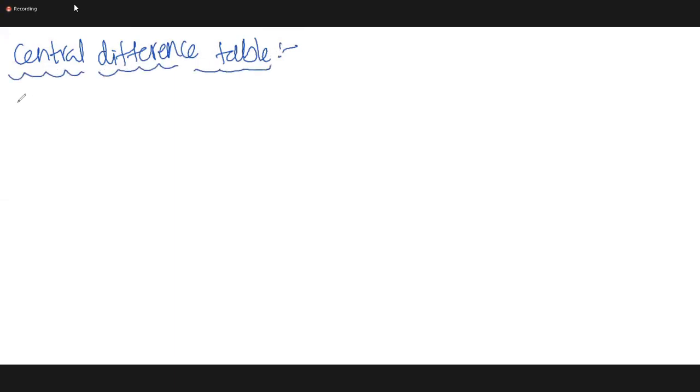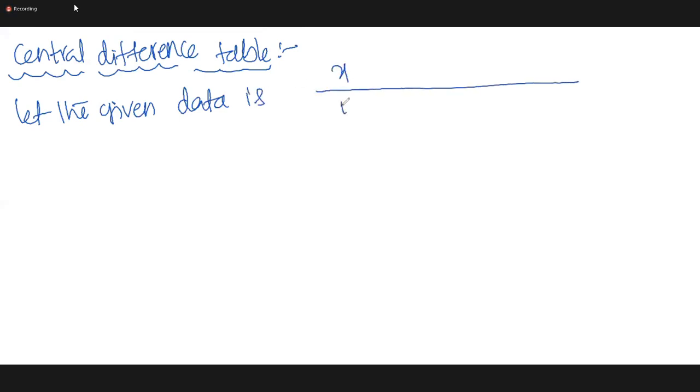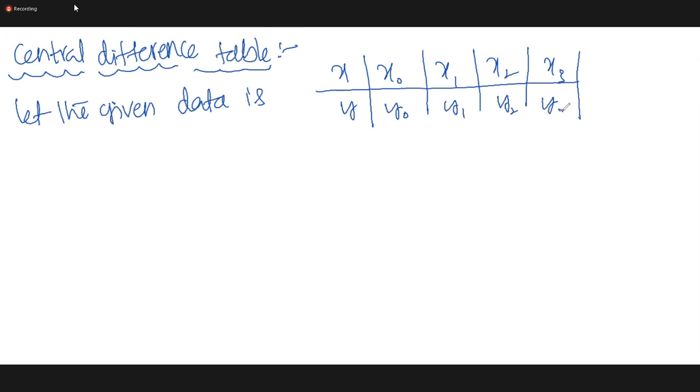Next, central difference table. At the given data, x values, y values: x0, x1, x2, x3, y0, y1, y2, y3.